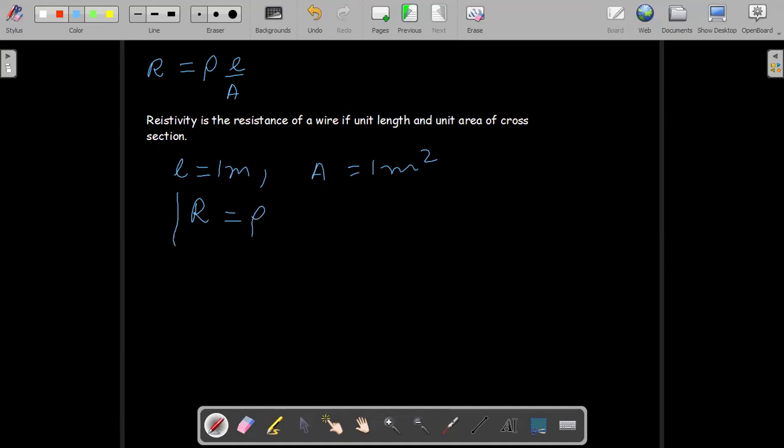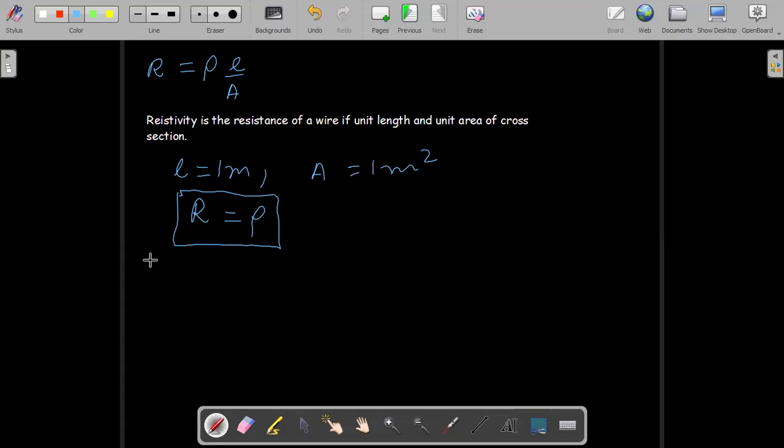So this is what we justify: when we take a specific length and specific area, that resistance would be called the resistivity of the given material. So the resistivity of the material can be obtained by considering a wire of length 1 meter and area of cross section 1 meter square.